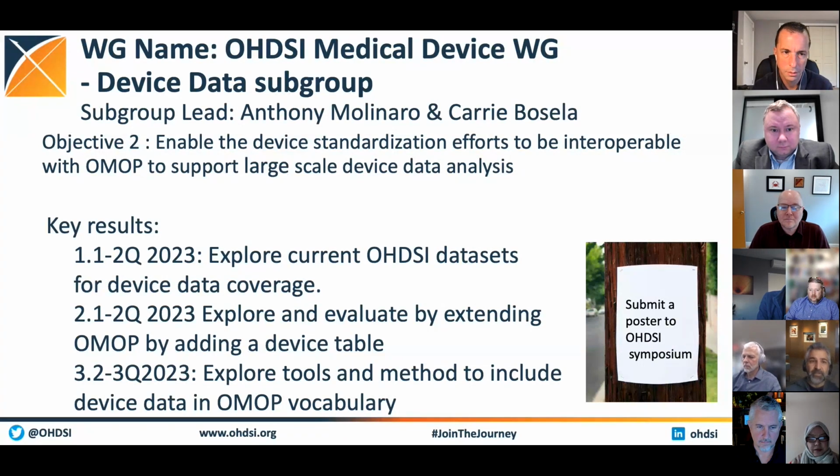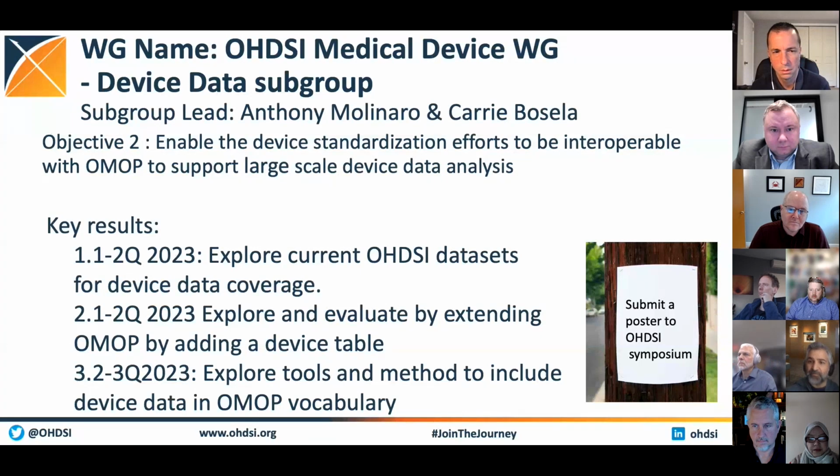So for our key results for Q2, the first is to explore the current OHDSI data sets for device data coverage. Next, to explore and evaluate extending the OMOP CDM. There's some discussion about whether the current CDM structure is not welcoming to people with device data, despite the fact that we have a device exposure table.